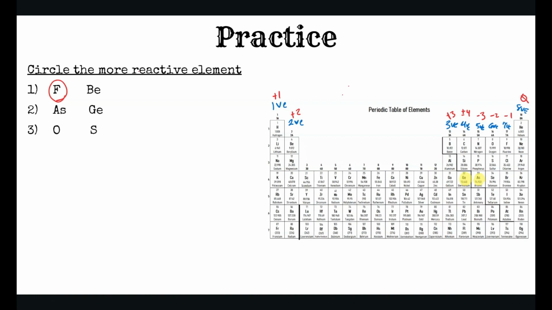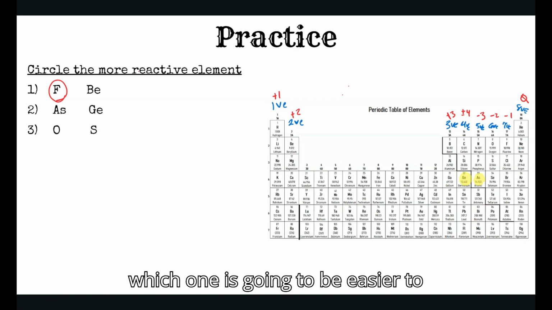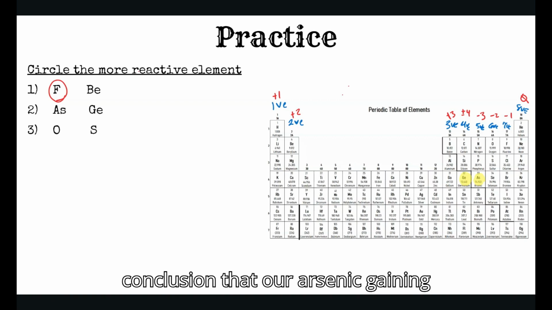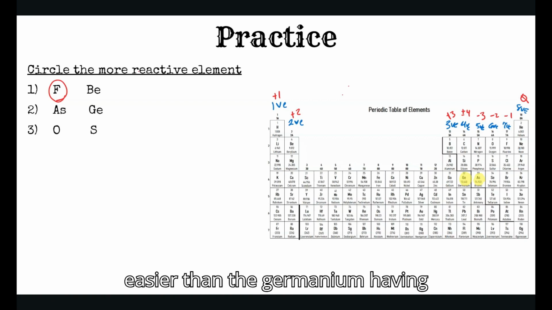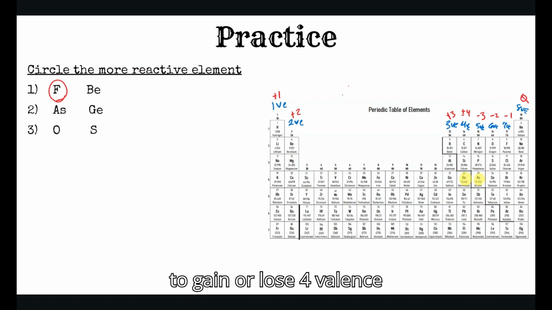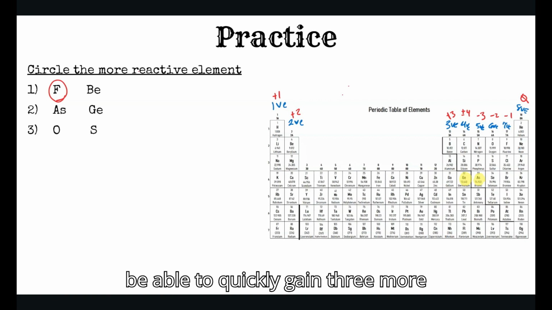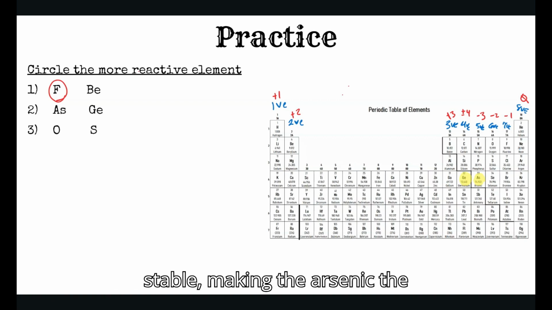So, asking yourself which one is going to be easier to achieve, we should come to the conclusion that our arsenic gaining three electrons is going to be easier than the germanium having to gain or lose four valence electrons. So our arsenic will be able to quickly gain three more valence electrons in order to become stable, making the arsenic the more reactive element.